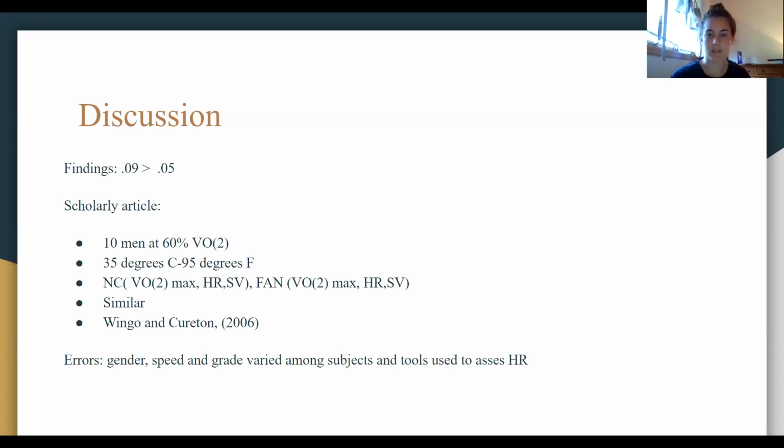And so they created a study where they measured the subject's VO2 max at the same time the cardiovascular drift occurred. So they took 10 men, asked them to cycle in 35 degrees Celsius or 95 degrees Fahrenheit, and they wanted them to do this at 60% VO2 max, or within 75% of their maximum heart rate for 15 minutes.